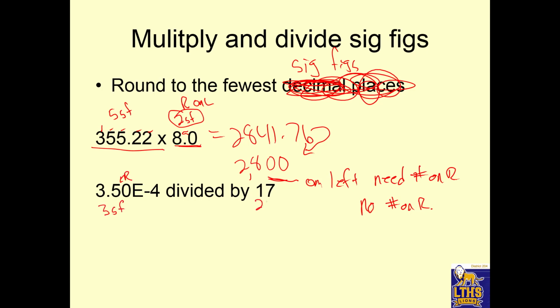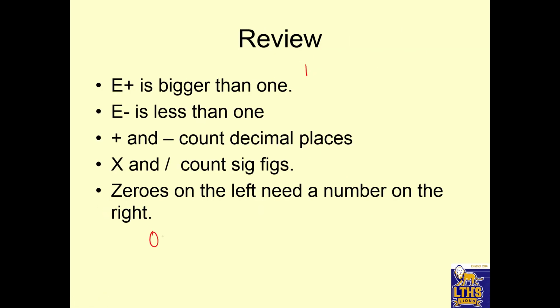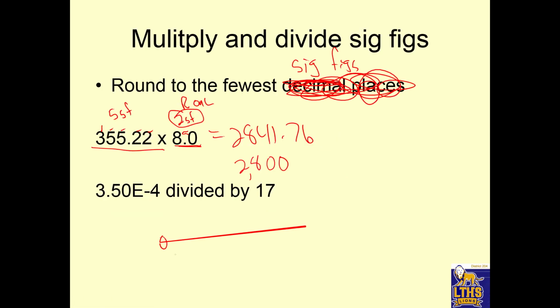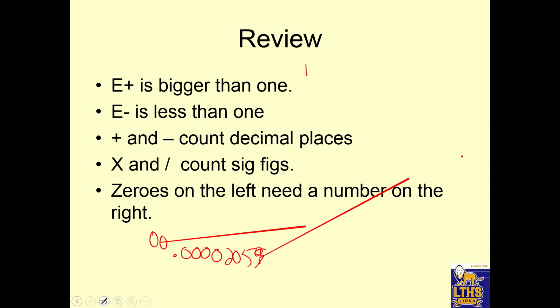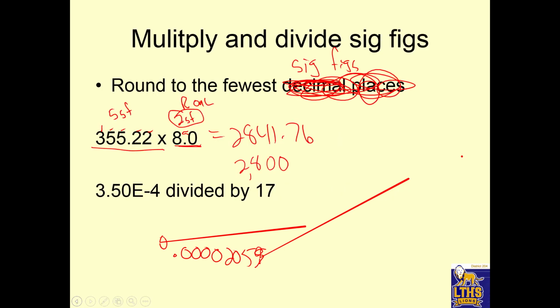This has 2 sig figs. No zeros to worry about there. So the calculator tells me it's 0.1234259. But I need to have 2 sig figs.